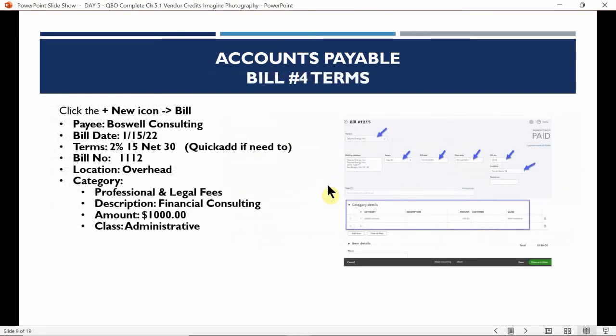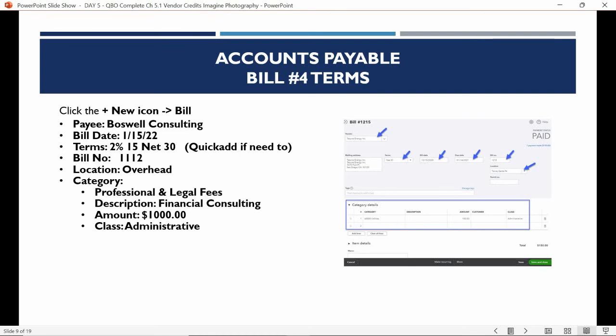Okay, so let's do another example when we have terms. Okay, so especially when you're given a discount opportunity from a vendor. Okay? You need to be able to know how to do this because oftentimes terms could also be known as discounted terms, right?